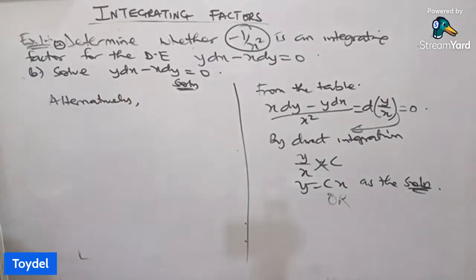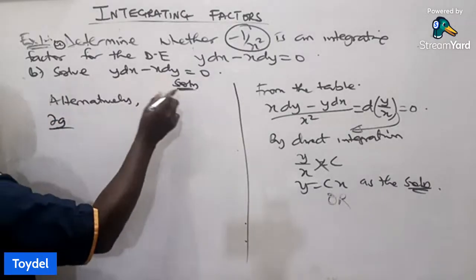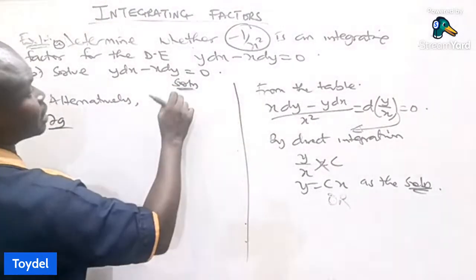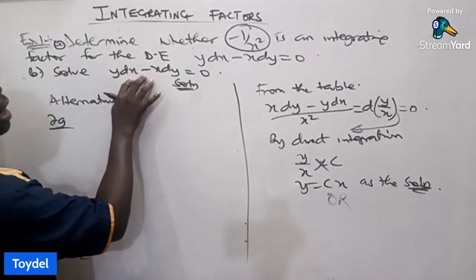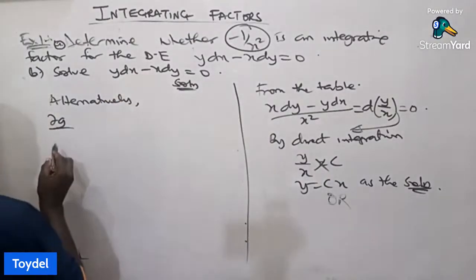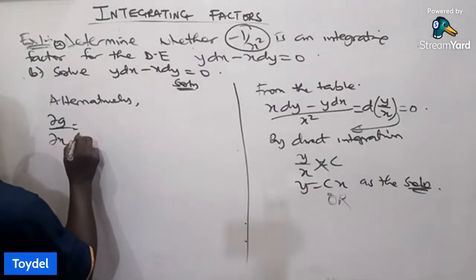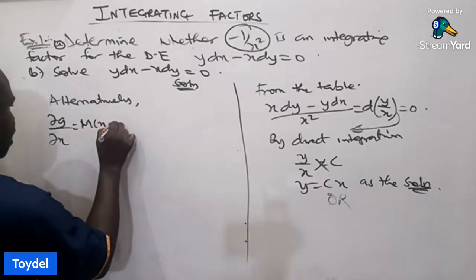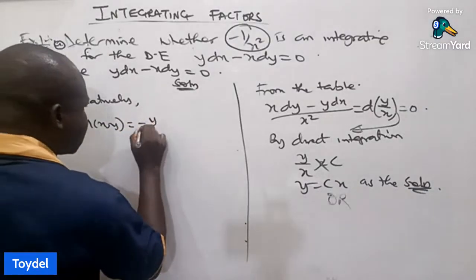we now want to solve this problem. Since we now know that we have transformed this problem to become an exact differential equation, we go ahead and use the method for exact differential equations. The partial of g with respect to x will be equal to M of x comma y, which, if you check the problem, is the same thing as minus y all over x squared.